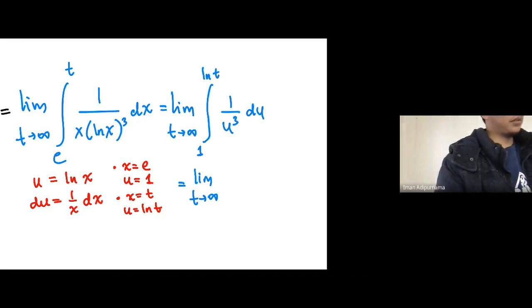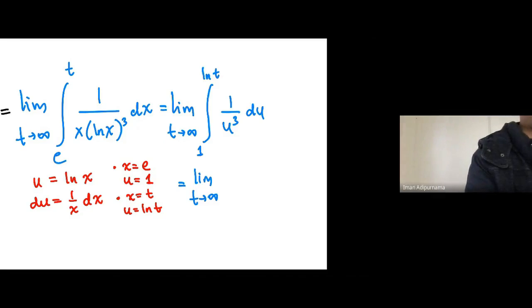And 1 over u cubed integrates to negative 1 over 2u squared. And then plug in ln t and 1.